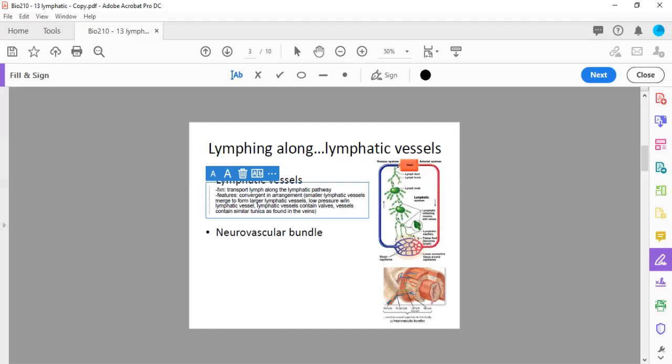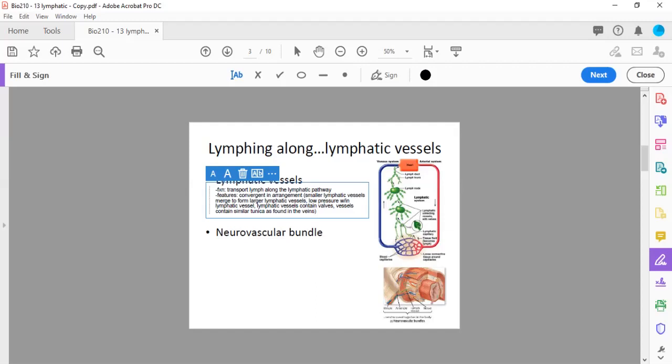And we know for a fact that the lymphatic capillary only contains the tunica interna. The reason why is that it has the same structural arrangement or design as the blood capillary. So in a nutshell, they have the same arrangement.